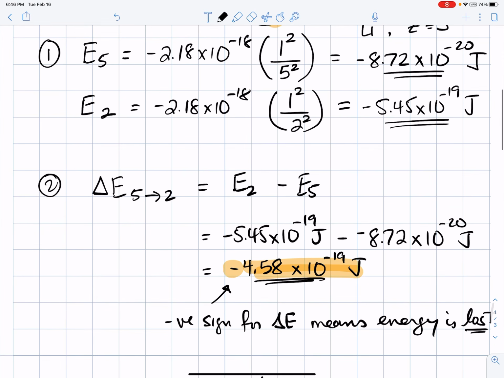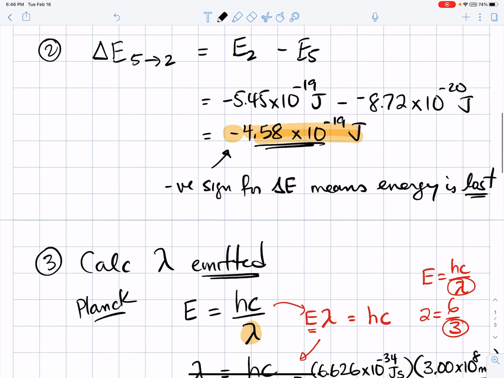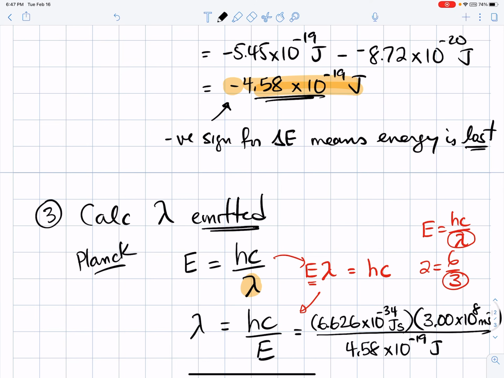Once you know those two energy levels, you would do step 2. You'd find the difference in energy. You would take the final level where it ends up, in our case, E infinity, and you would subtract the starting energy level where it began, in our case, E3. Then, once you know the change in energy, you would use Planck's equation to convert that to a wavelength.